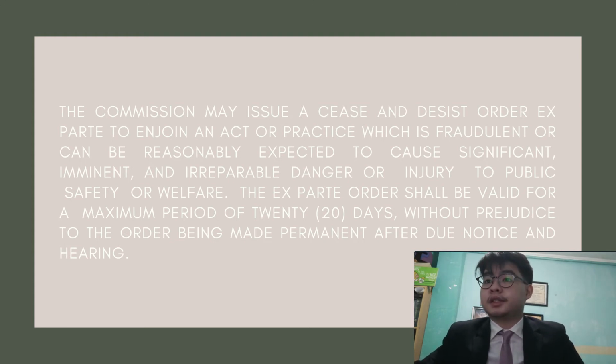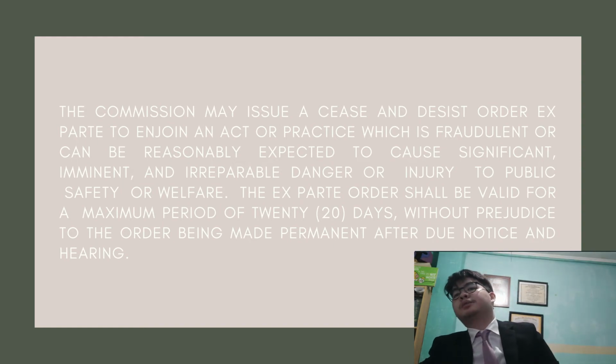So this means that the cease and desist order may become permanent after due notice and hearing, proving that a corporation is practicing fraud or causing harm to the public.